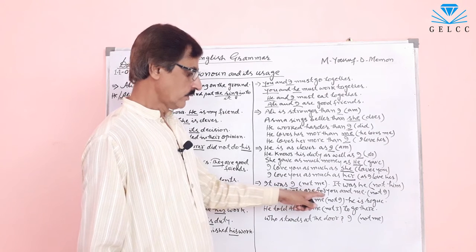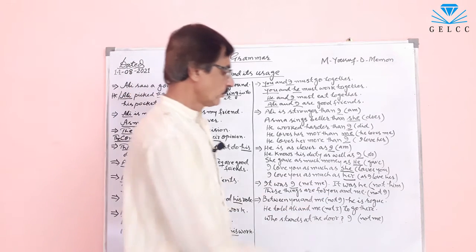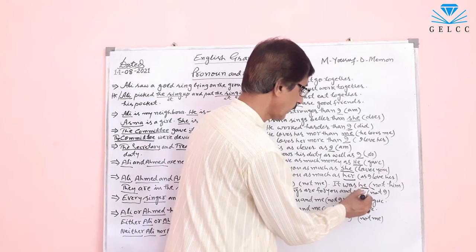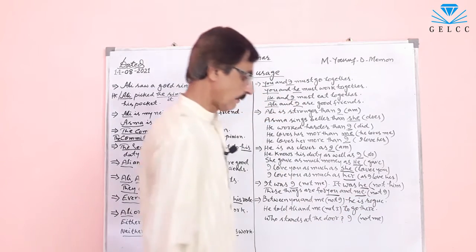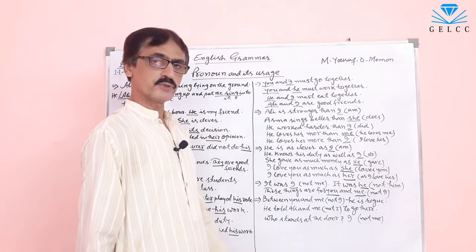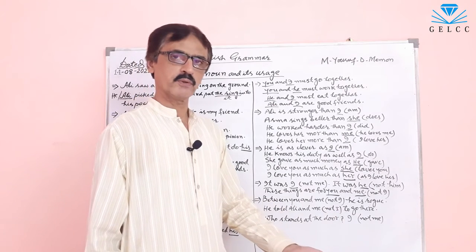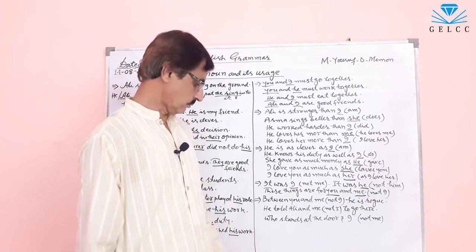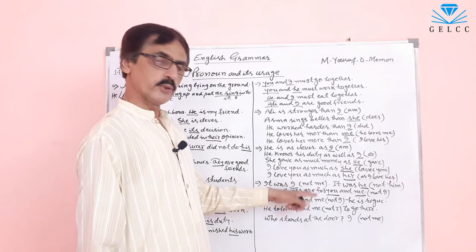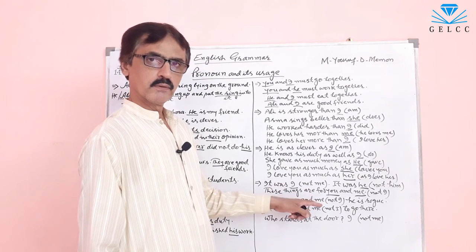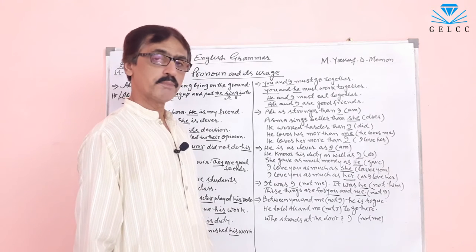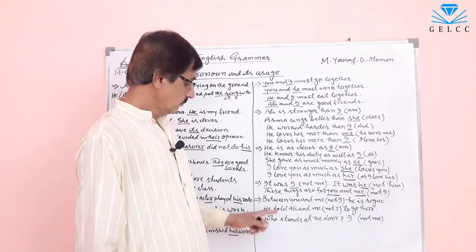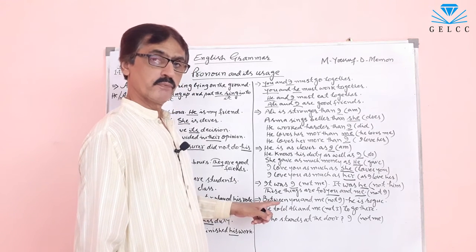These things are for you and me. Here, objective case will be used. These things are for me, these things are for you. These things are for you and me. Me is objective case. Between you and me, we always use objective case. Between is a preposition.